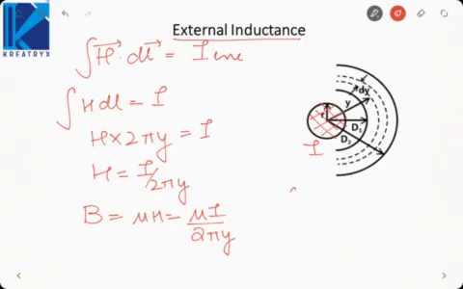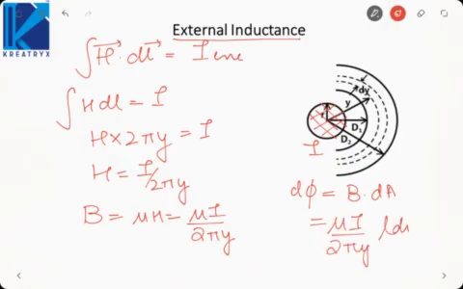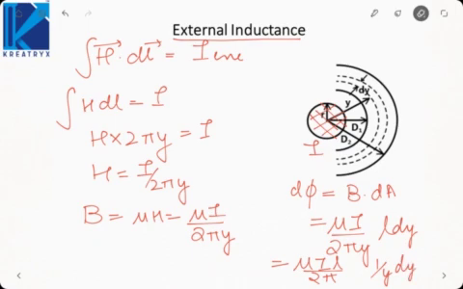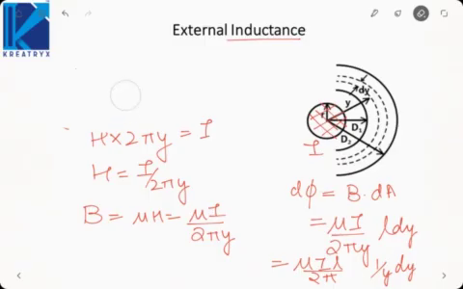And to determine the differential flux, that is B into dA, mu I by 2 pi y into L dy, that is mu I L by 2 pi into 1 by y dy. Now when we want to determine the flux linkage, what will we do?